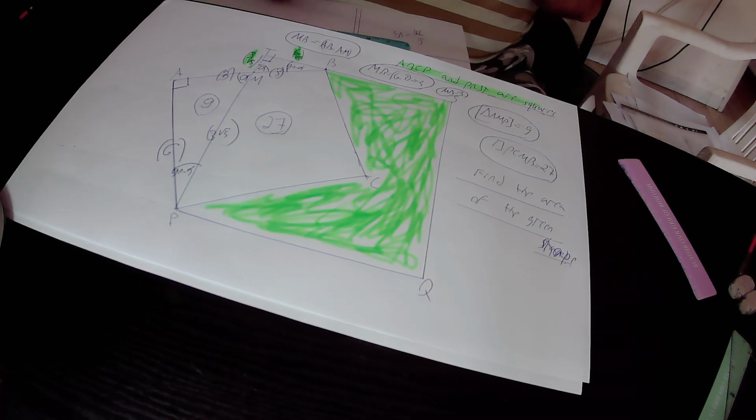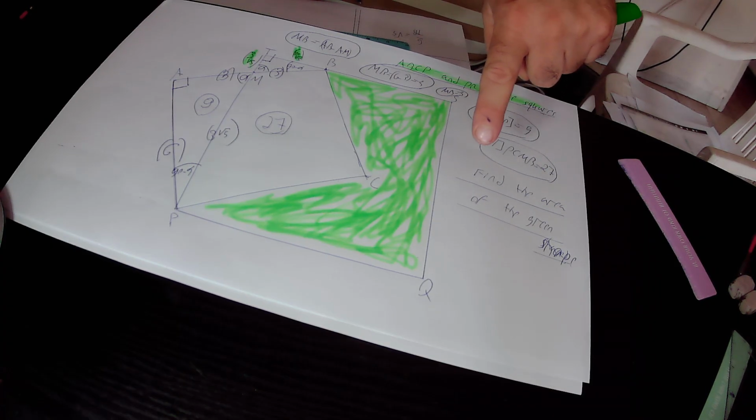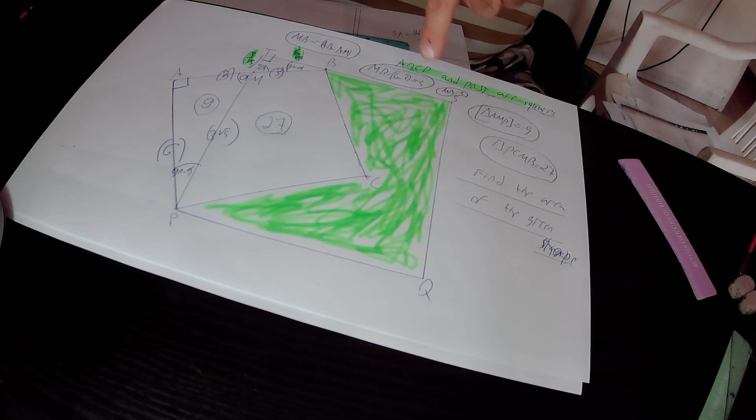On the drawing, it is very easy to see that the area of this green shape will be equal to the area of the big square TSQP, minus the area of this quadrilateral MBCP, minus the area of this small right triangle TBM.